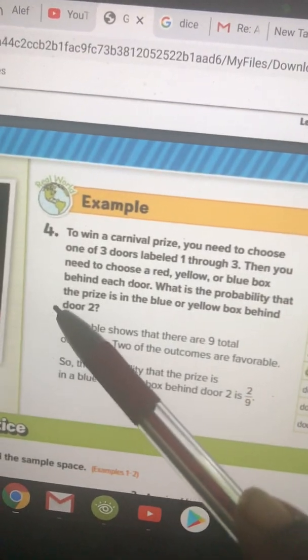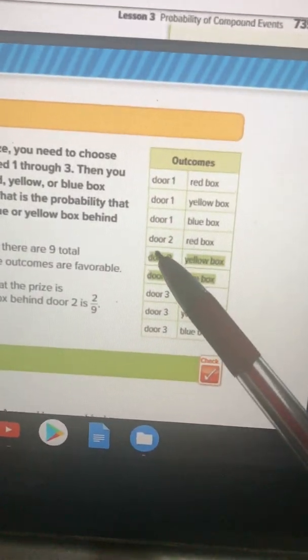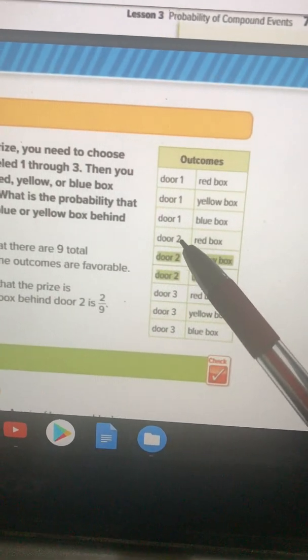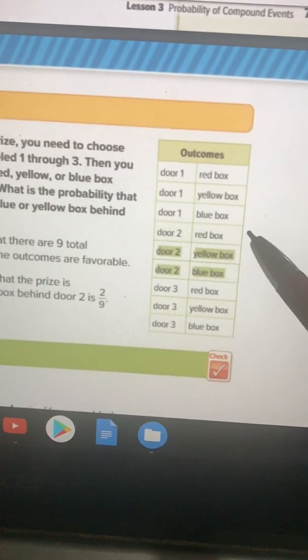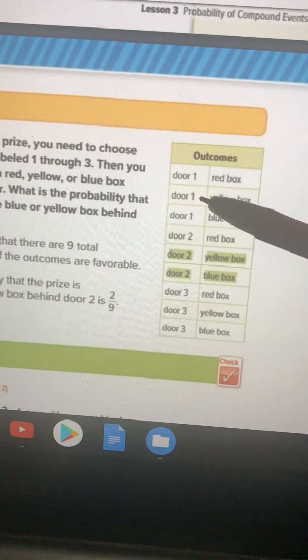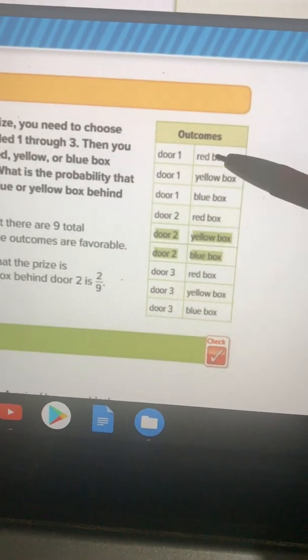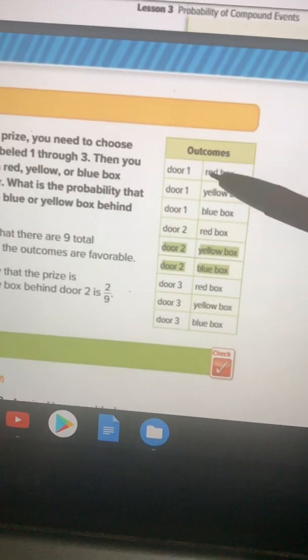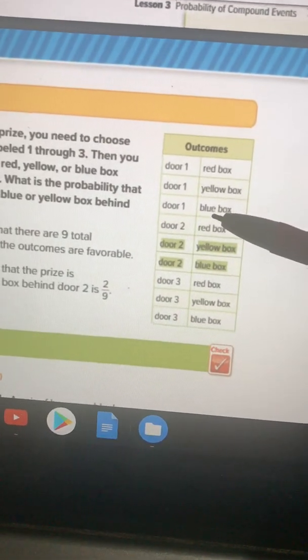So you need to look at door 2. Door 2, you have 3 of them. One has the red, one has a yellow, one has a blue box. So you have 3 doors, because of the red color, yellow color, and the blue color.